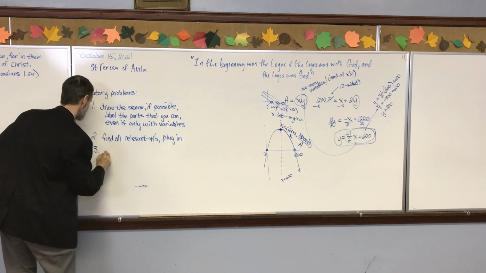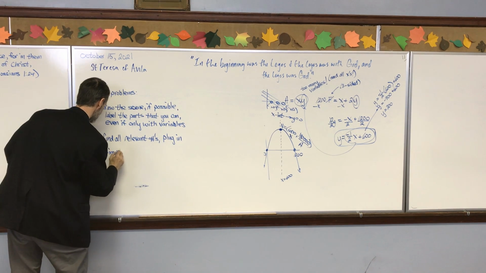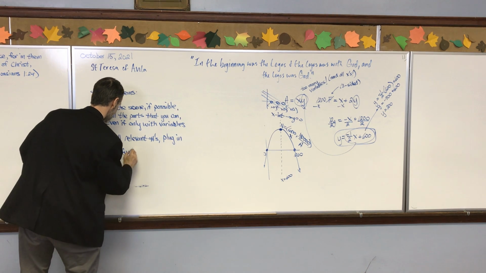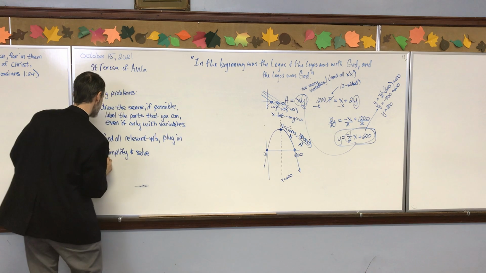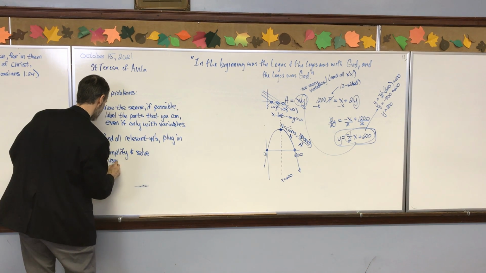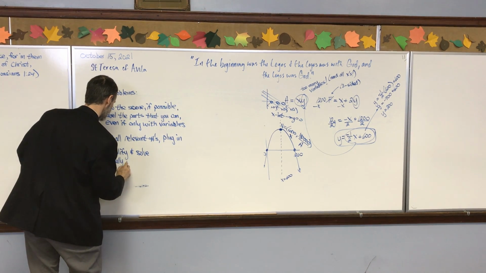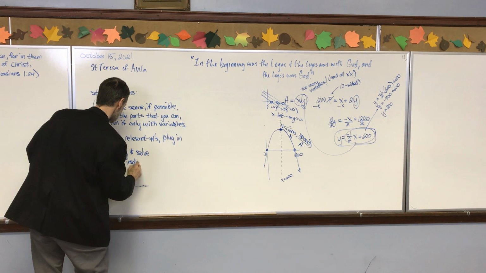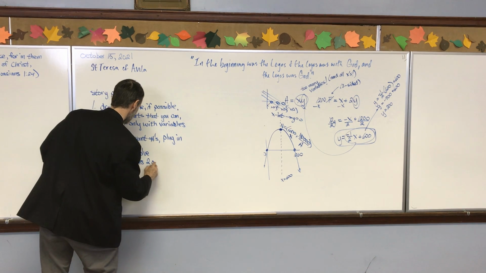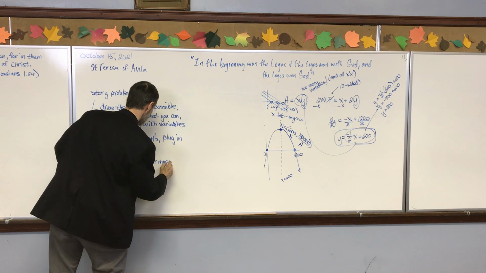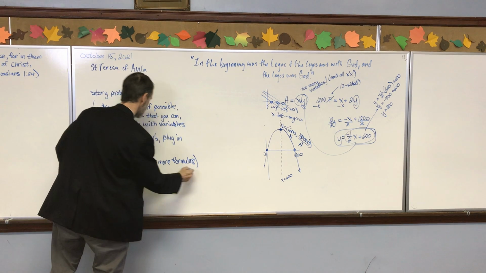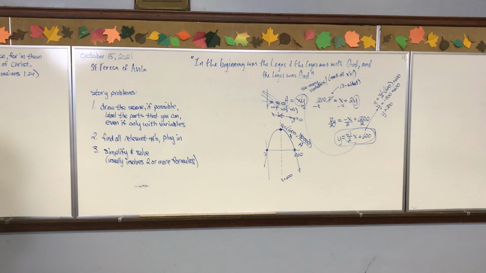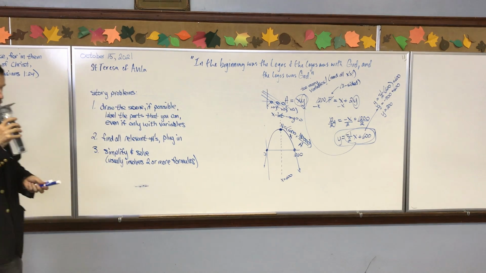And then 3, simplify and solve, which usually involves 2 or more formulas. Not always, but usually. That's the general rules for story problems.